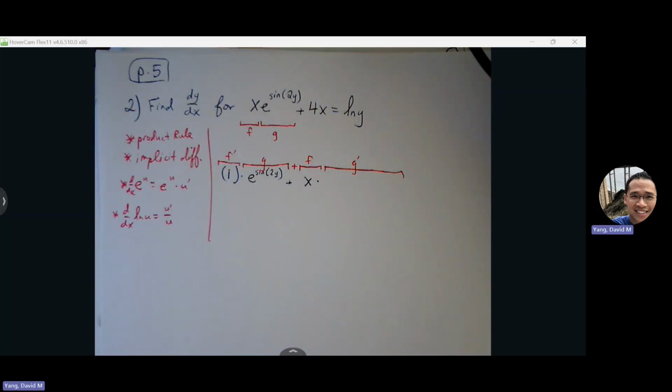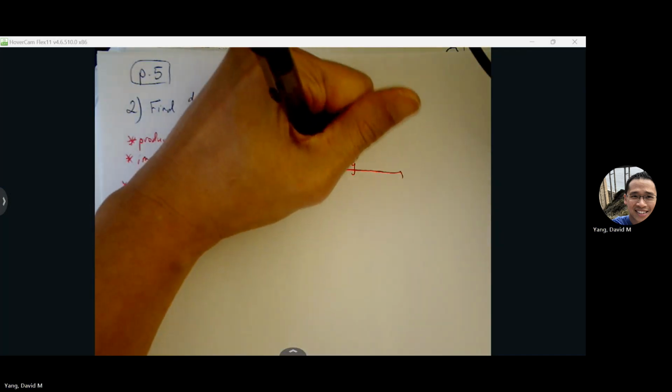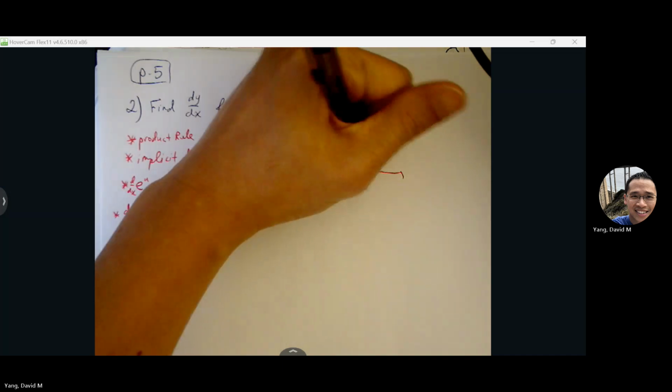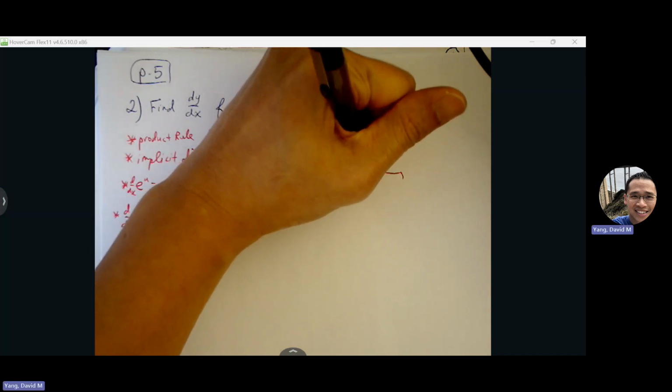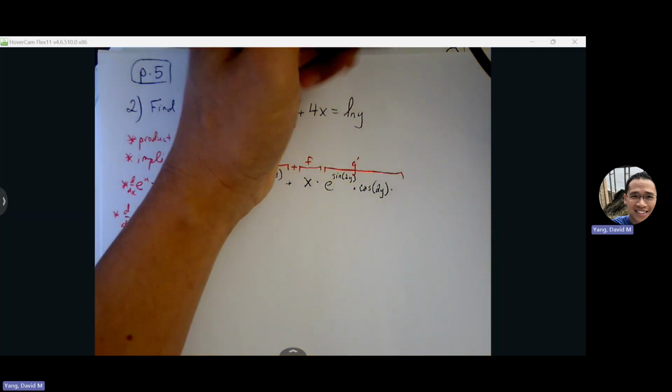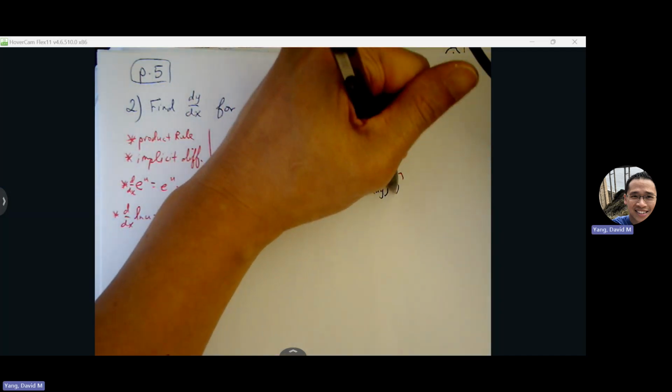The rule for e to the u is e to the u times u prime. Sine of 2y becomes cosine of 2y times u prime. 2y's derivative is 2 dy dx.